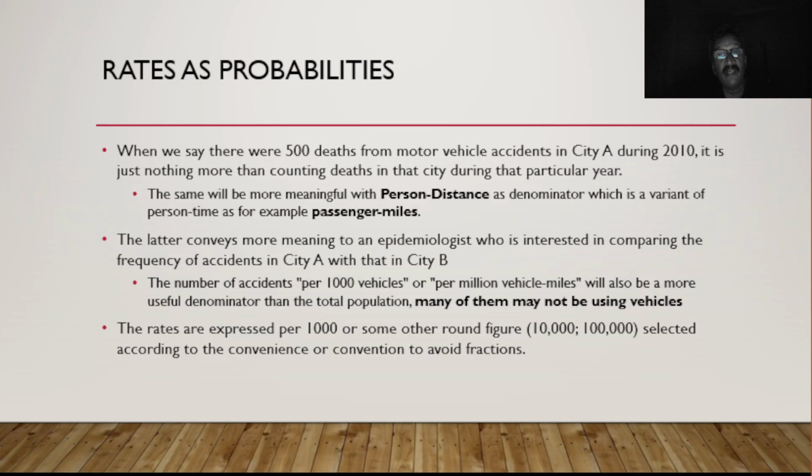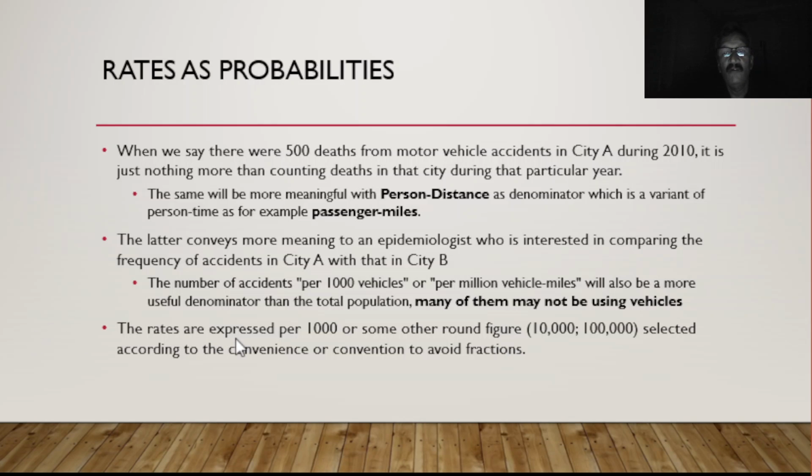And rates are actually multiplied. The multiplier used in rates will usually be more than 100, because it will be a rare kind of event, or rarer kind of event compared to prevalence numbers, because they don't add up the old cases. So that means the number will be less, and occurrence of that condition will be much less in a population in a given year and all that.